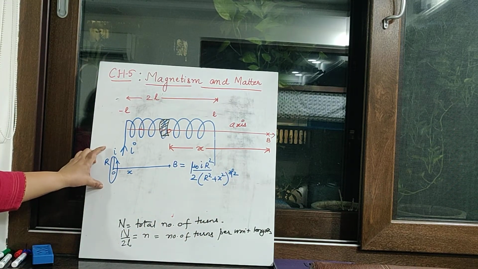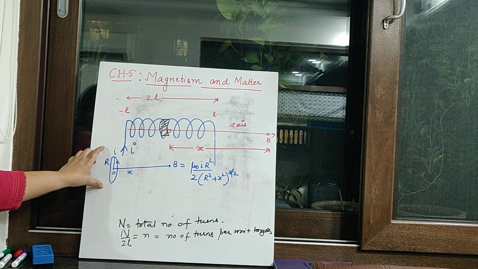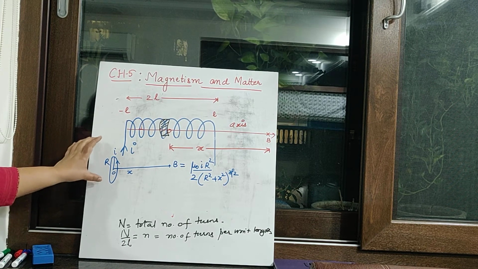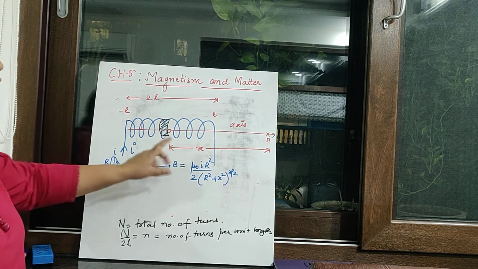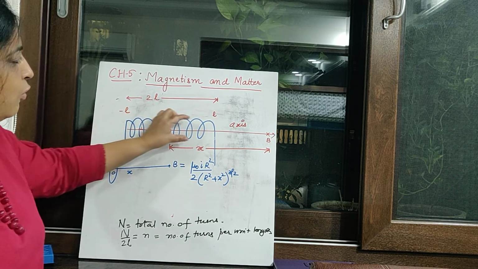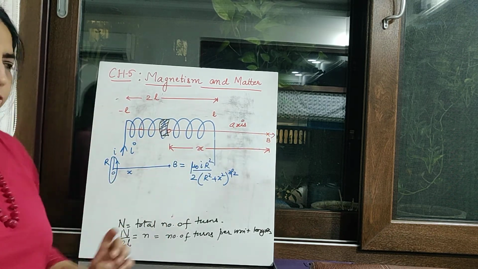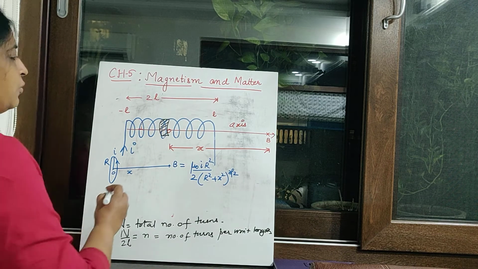So this is what we have already learned in the previous chapter. Now we are going to use this expression to find the magnetic field due to the whole solenoid at the far off point. Now just see how we will do this.